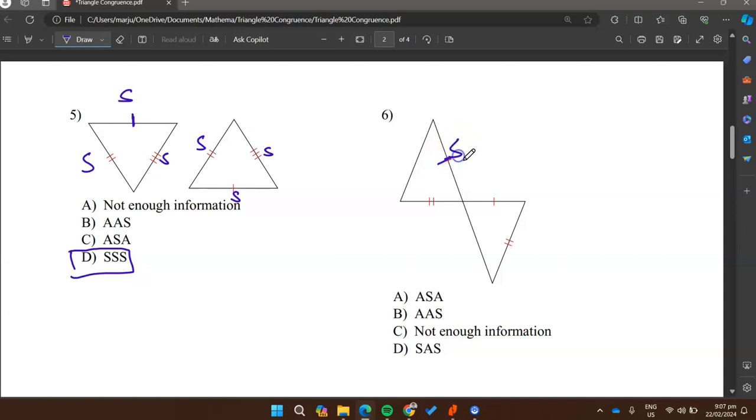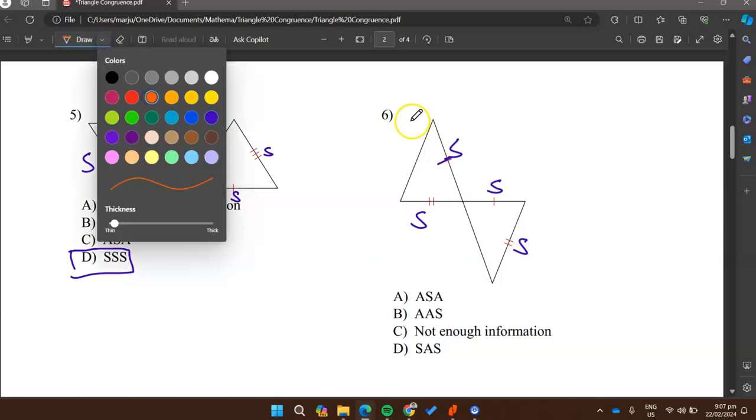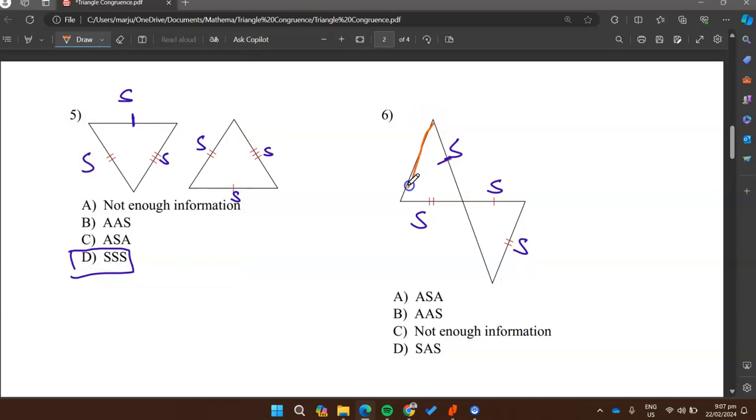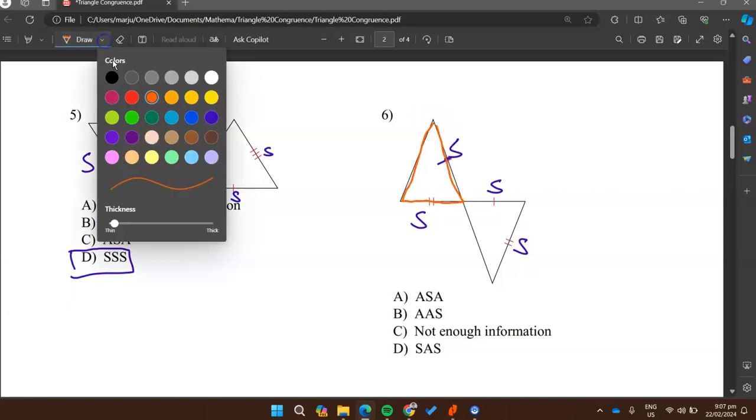This is congruent to this, and we know that this is congruent to this. Let me just highlight the two triangles. This is our first triangle, this one, and our second triangle is actually this one.